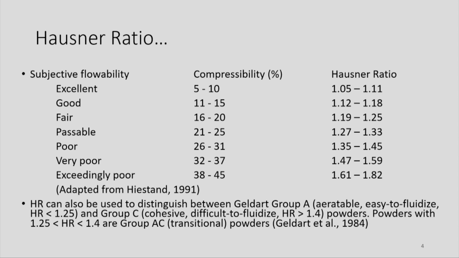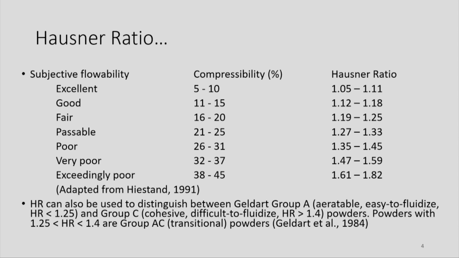Okay. So again, Hausner, we'll talk about this in the flow lecture too, but based on this relationship between tap density and bulk density, he defined a subjective flowability. As I said, if the compressibility is low, or if the bulk density and tap density are very close in value, then the Hausner ratio is very low.